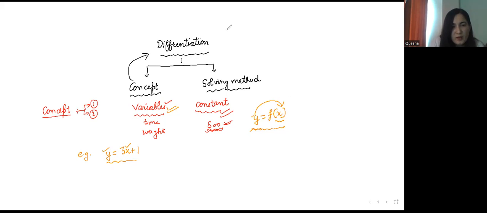Now let us understand another thing which is again very important. There are two kinds of variables. One is the dependent variable, and the other one is the independent variable.